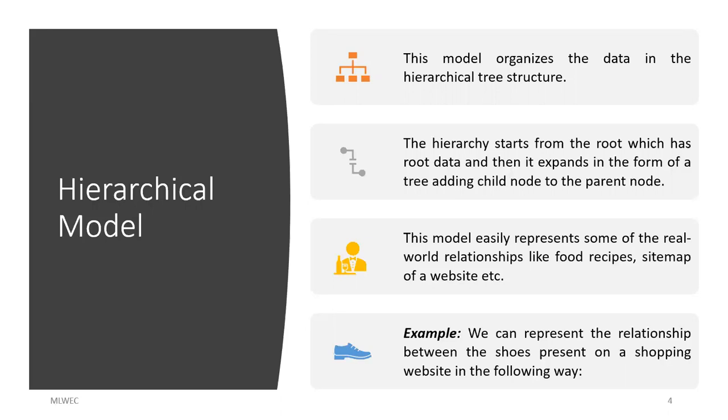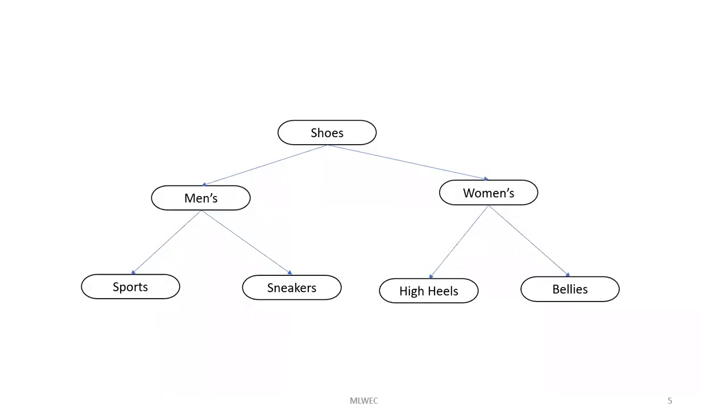Just observe the picture. In this shoe organization, we are manufacturing 2 types of shoes: one for men's and one for women's. Again, for men's we have sports and sneakers, and for women's, high heels and bellies.